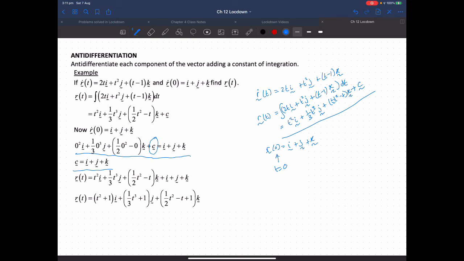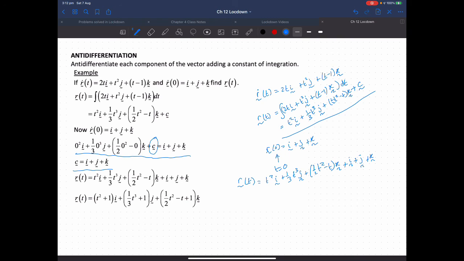So what I've done is I've written down my position vector r is equal to t squared in the i direction plus 1/3 t cubed in the j direction plus 1/2 t squared minus t in the k direction plus my constant. Now my constant was unit vector i plus unit vector j plus unit vector k. Though we haven't written it, there is a 1 in front of each of those.